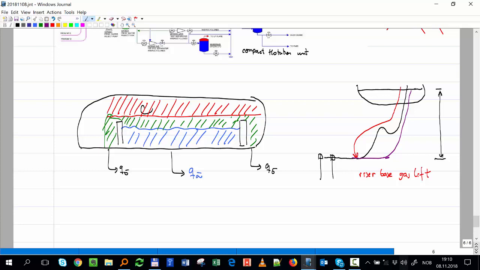So what I was saying is that to avoid that slugging, you inject gas, and then you increase the friction drop, and by increasing the friction drop, you stabilize the system. Okay. And if you have more questions, you ask Chidamoy.